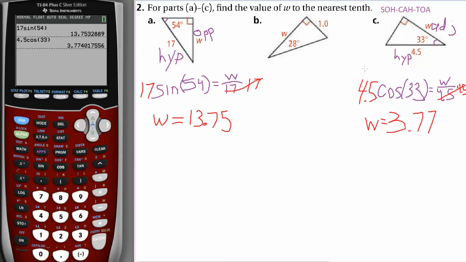Alright, so I saved B for last for a very specific reason. So right here, 28 is the bottom left-hand angle. The right angle is the top angle, being between the two. W is again the adjacent.